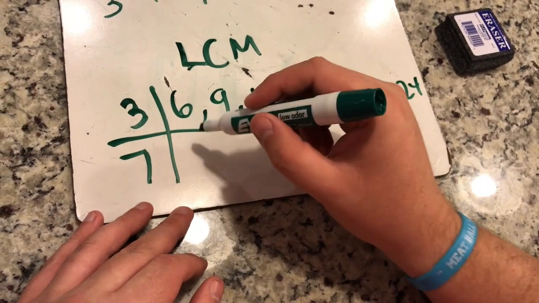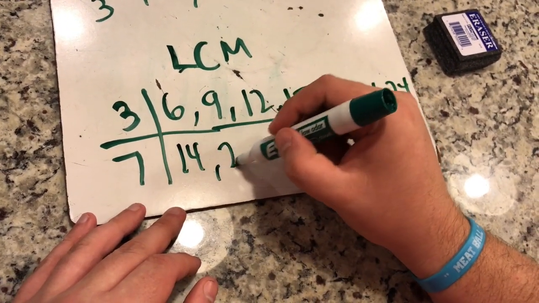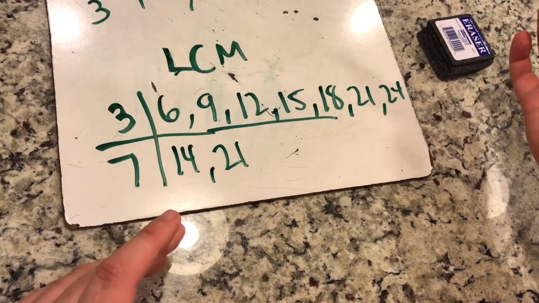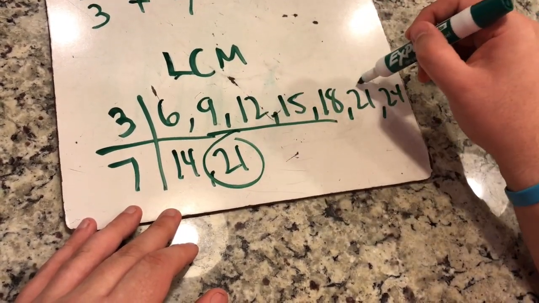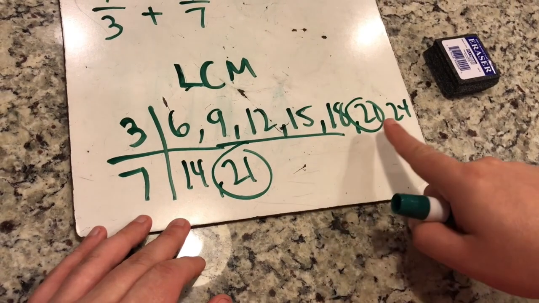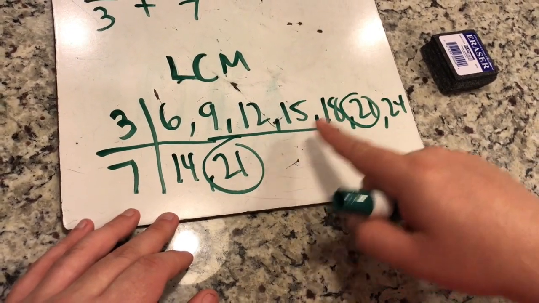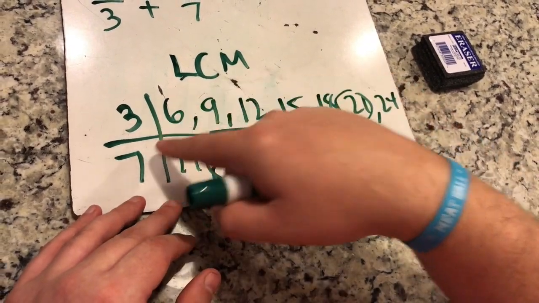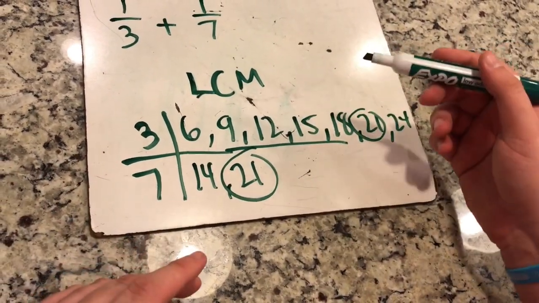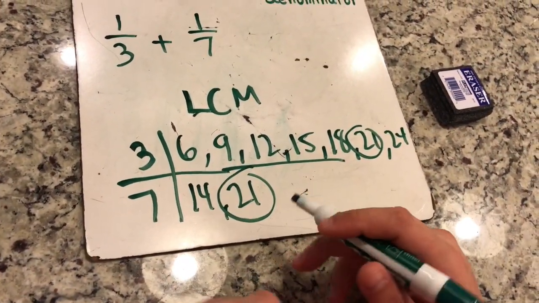If I skip count by sevens, then I'll have 14, 21. Well, I already have one I have in common. So I have 21 and 21. That's going to be the common denominator for 3 and 7, which is also the LCM of 3 and 7. That's why knowing LCM can really help you find a common denominator.